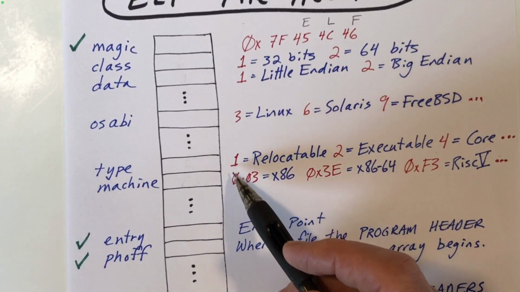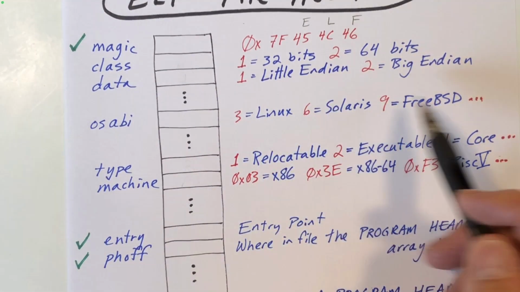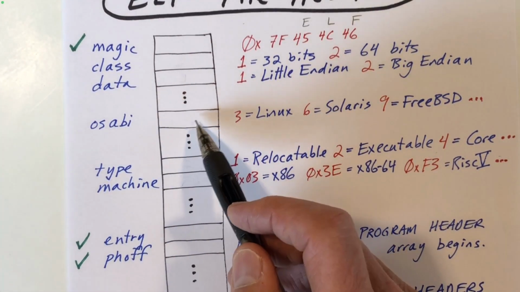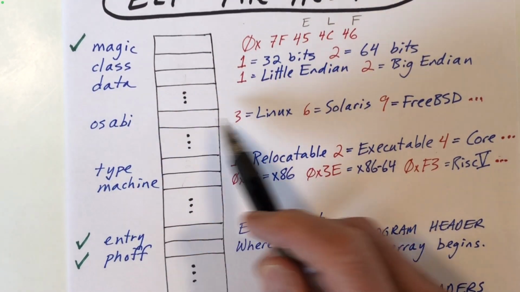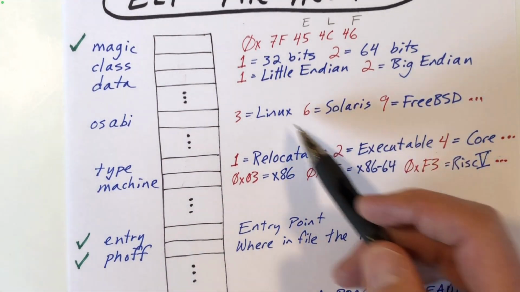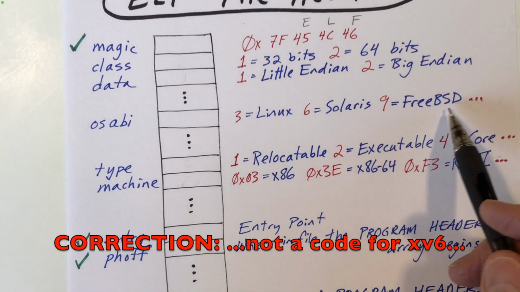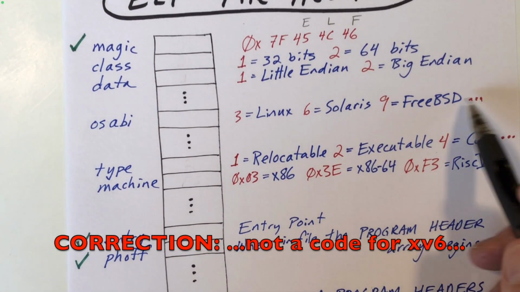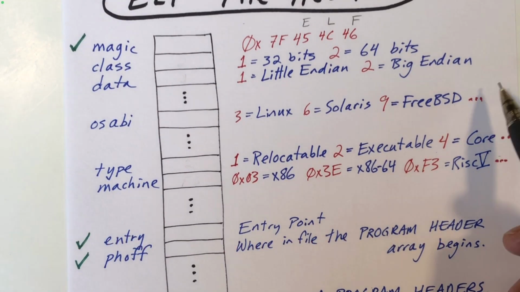The executable code might be intended to run on a different kind of operating system, so this field called OS, Application Binary Interface, contains a code to indicate which operating system this file is meant to be run on. There's not actually a code for the x86, but we don't even look at this field anyway, so that's okay.